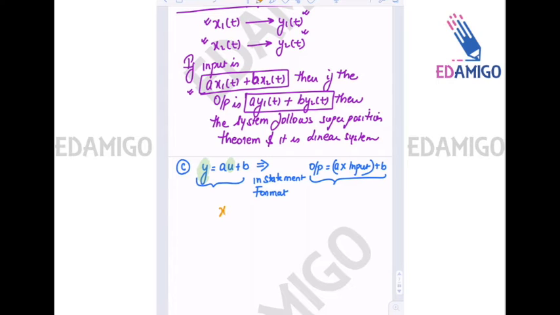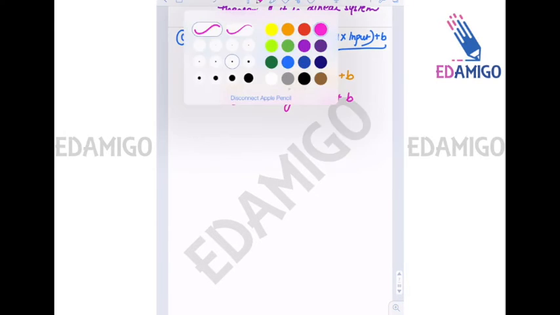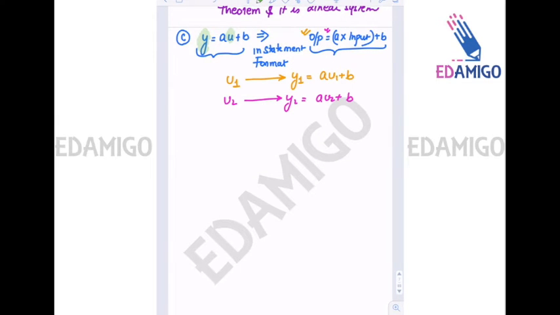Now if the input is u1, then the output y1 will be, using this statement, y1 is equal to A times u1 plus B. If the input is u2, then output y2 will be equal to A times u2 plus B. Now let us say that we applied input C u1 plus D u2, where C and D are constants, u1, u2 are signals.